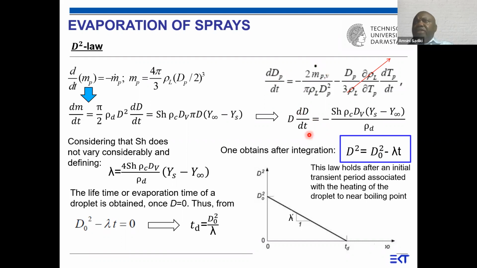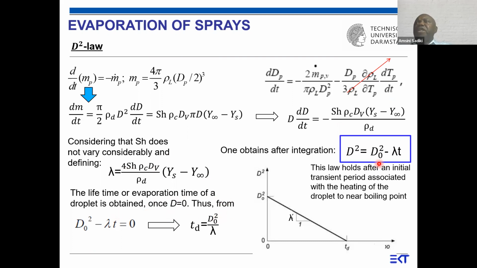Solving this, we obtain d square is equal to this expression if we assume that this quantity is a constant, and that the Sherwood number does not vary considerably. For that, we can also define the so-called lifetime or evaporation time of a droplet.